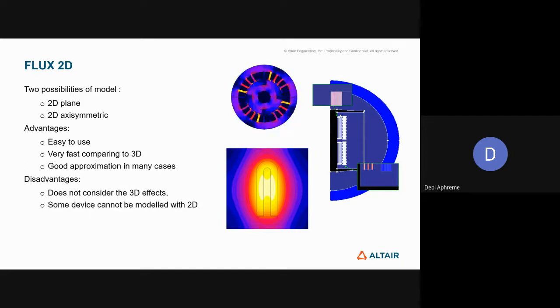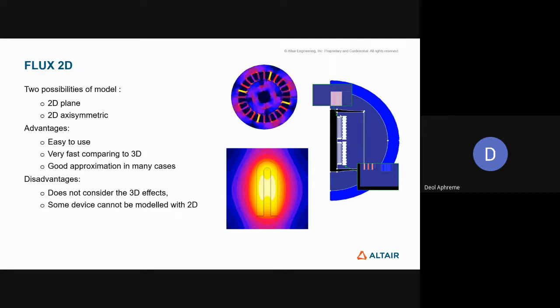But in 2D, it would take anywhere between 2 minutes to a maximum of 6 hours if you're solving it for multiple steps. A lot of factors are to be considered when looking at computation time, but definitely 3D will take a lot more time than 2D, and you get a good approximation in many cases.